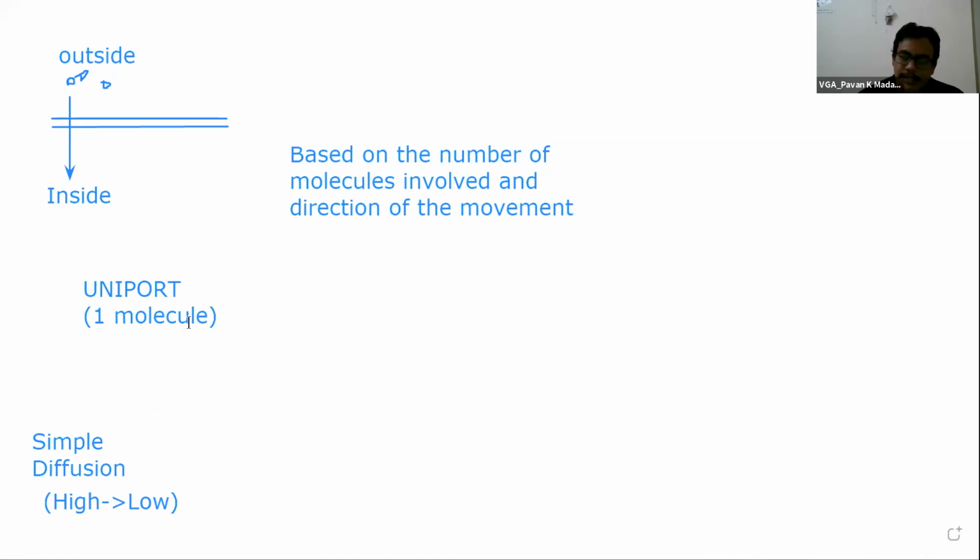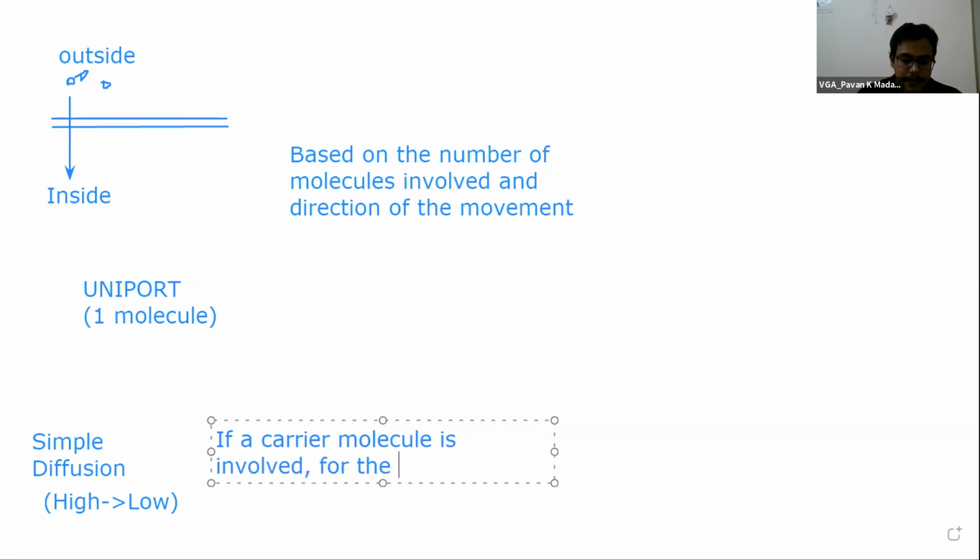Okay. And in the same way, the molecule comes from outside to inside, whether it is high to low or low to high, any case. If it is involving a carrier molecule, like the example I gave earlier, like when a friend has not come and someone is told to go and bring them along. So if a carrier molecule is involved, then we call this facilitated diffusion.